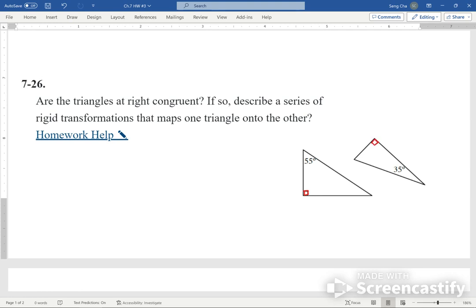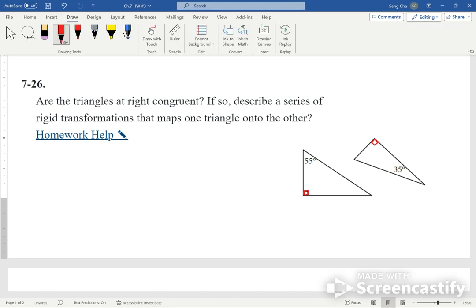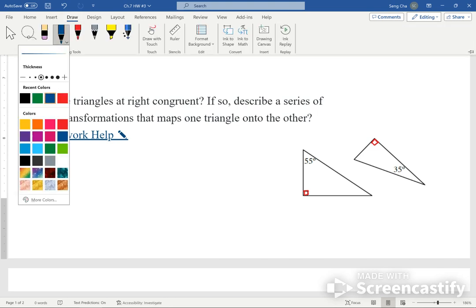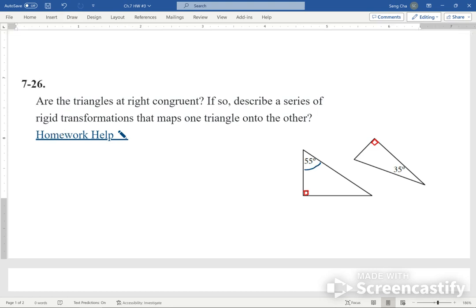I didn't use the right colors to match them. What else do we have? We have 55 degrees. And let's see if this one's 55. Let's use our calculator. So you go 180, take away 90, take away 35, and that'll leave us with 55. So this one is 55.